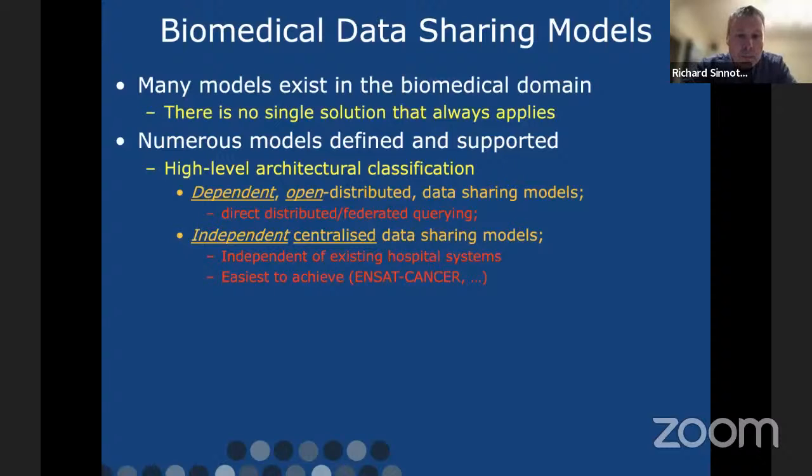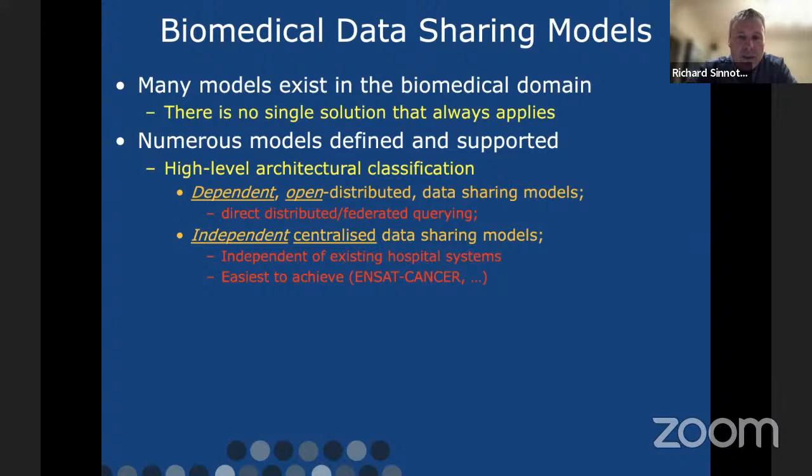More often than not, though, most people come to me and they want me to build them a system, which is generally speaking independent of the hospitals that are scattered around the world. And I will give you one example of this later, which is to do with adrenal tumors. And this is one of my most successful projects. But this system doesn't reuse existing data. It does not interface to any kind of heterogeneous hospital systems at all.